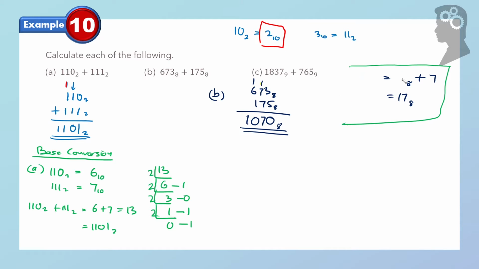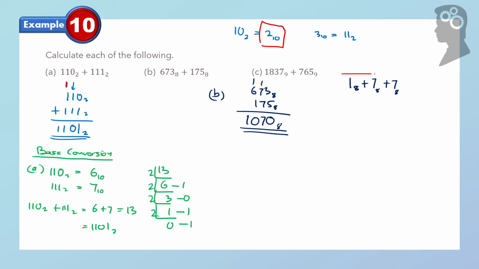Okay, let me rewrite this. We are looking at the middle column here: 1 plus 7 plus 7. 1 base 8 plus 7 base 8 plus 7 base 8. Take a look at the first addition first. 1 plus 7 is equal to 8, but 8 in base 8 does not exist.